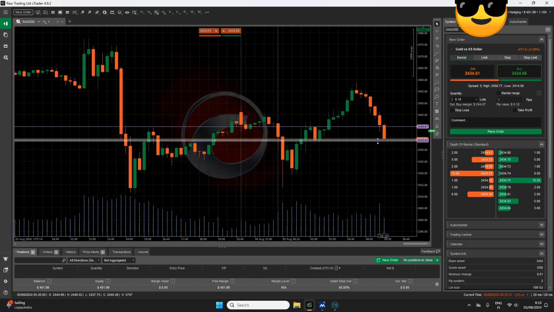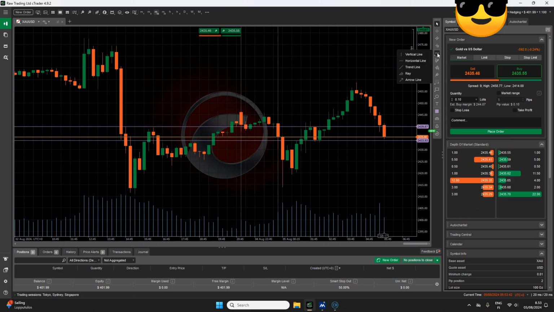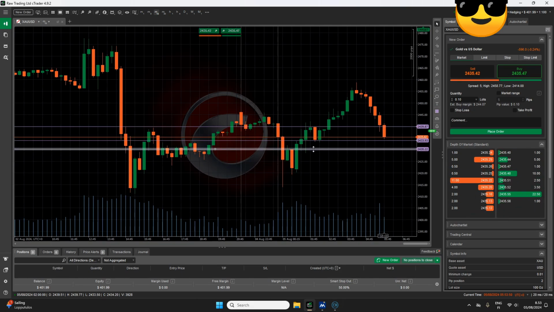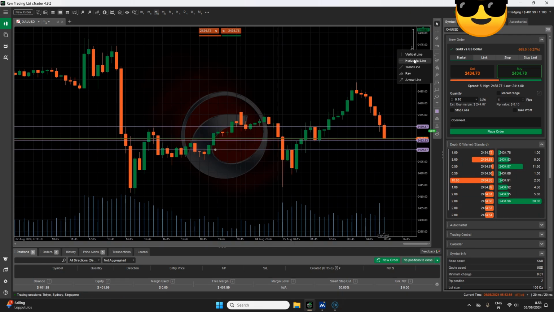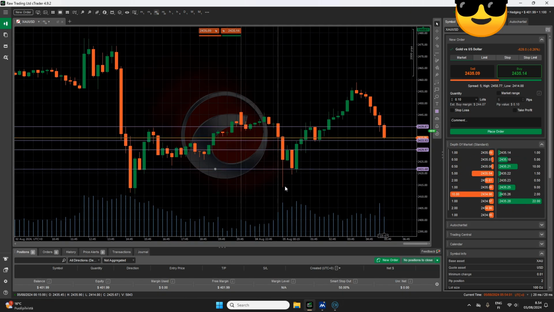So if we come down here and the support here does not hold, we eventually move perhaps down to this area, or this area first, there's another level here, or we come down to this level, without breaking the low here yet.